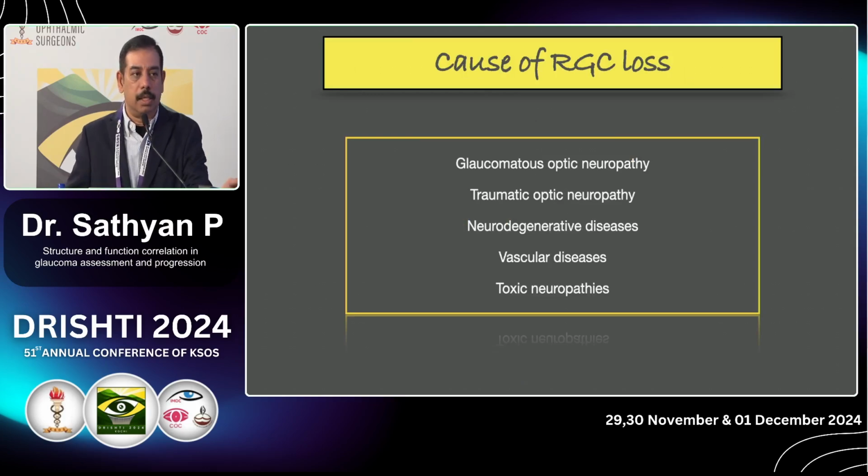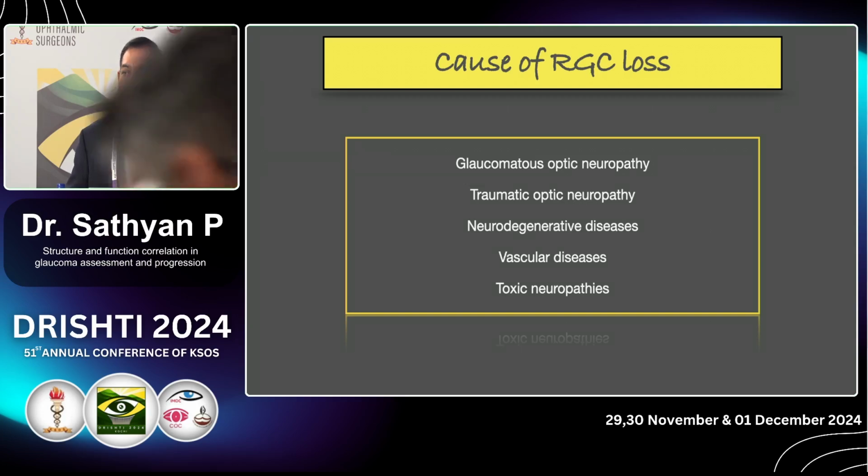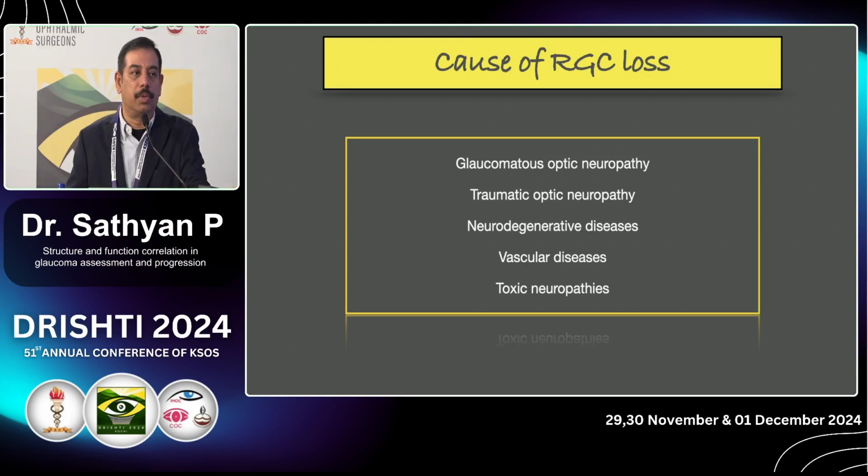So looking at the retinal ganglion cell loss, we have a lot of retinal ganglion cells, probably a million cells. I'm not sure whether you have heard my talk on million cells earlier. So we have a million cells. Can we really understand what's happening to these million cells? It is not only glaucoma which damages the RGC. Of course, there are other reasons.